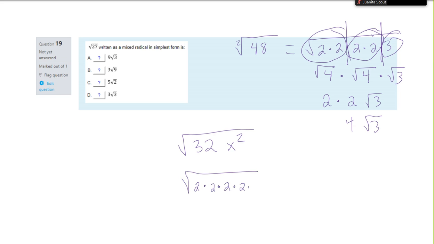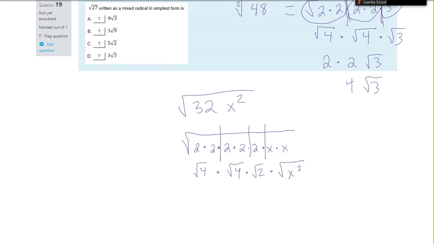There's 2 times 2. X squared is x times x. And so if we break it up into pairs, we got this part here, which is the square root of 4 times the square root of 4 times the square root of 2 times the square root of x times x, which is x squared.